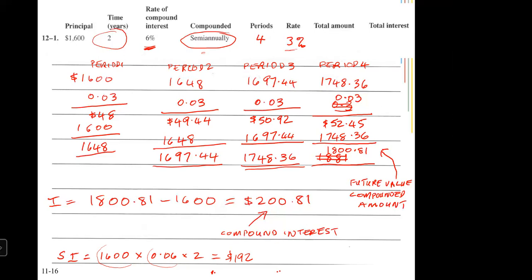You're not adding that interest to the principal and then finding interest on that. Okay, so that's the difference between the two.